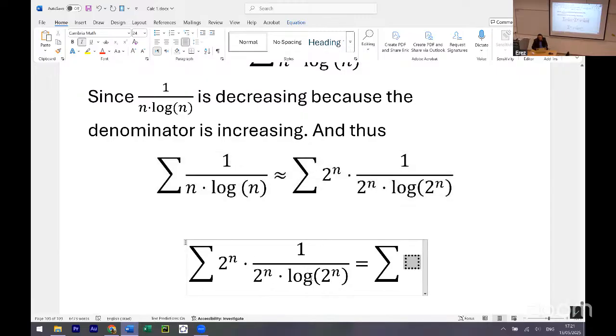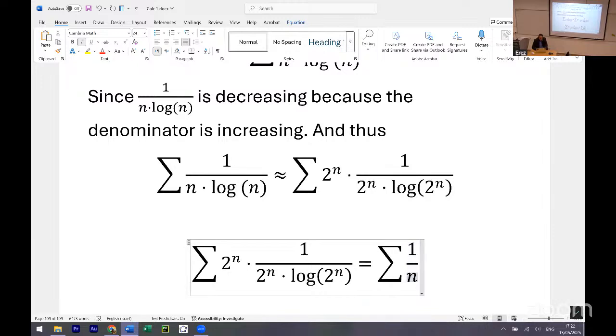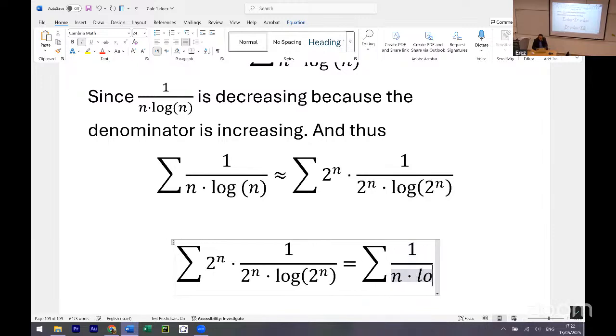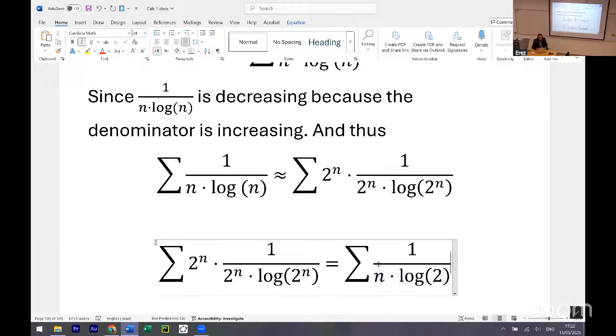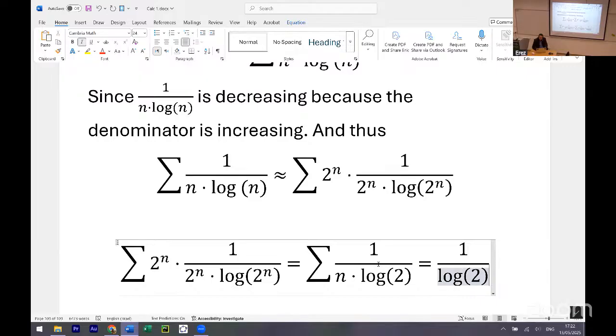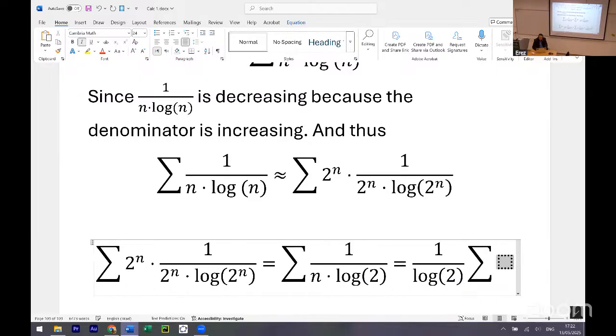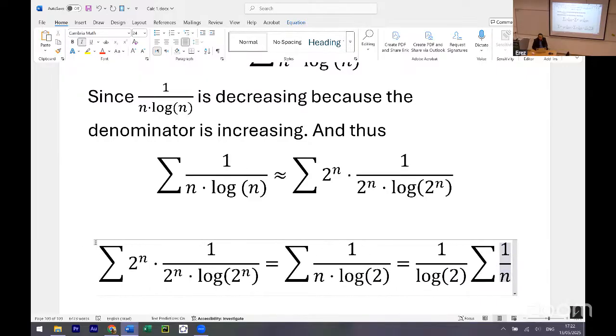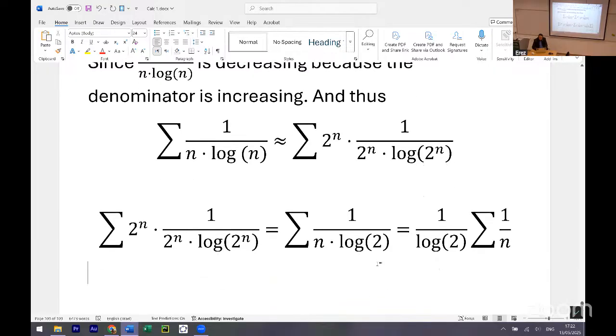What can you do with log of 2 to the power of n? Multiply log 2 by n. n times log of 2. You can take log of 2 out. And what are we left with? The harmonic series, which diverges. This is the diverging harmonic series.